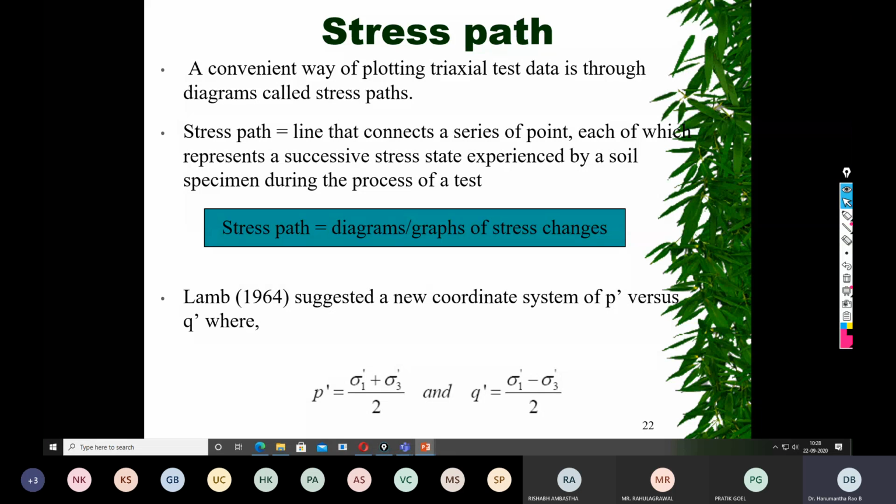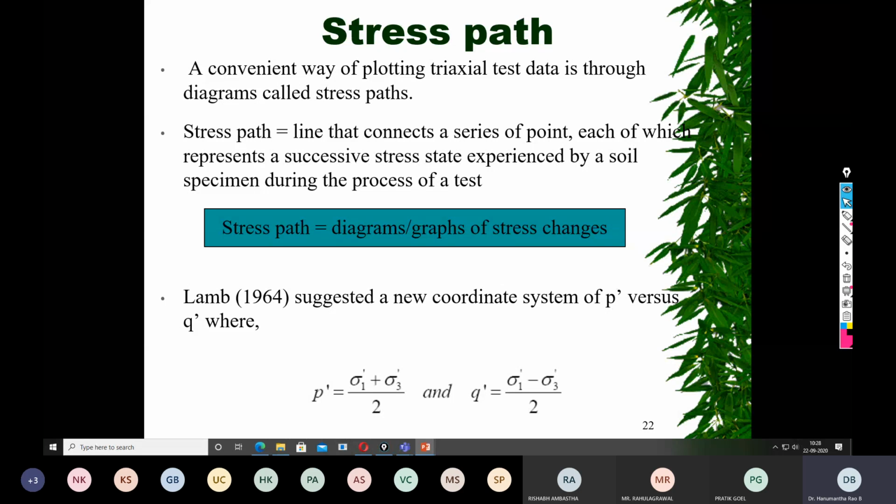The very convenient way of understanding how the stresses will develop and how the failure plane develops within the soil mass is called a stress path. The definition of the stress path is the line that connects a series of points, each of which represents a successive stress state experienced by a soil specimen during the process of a test.